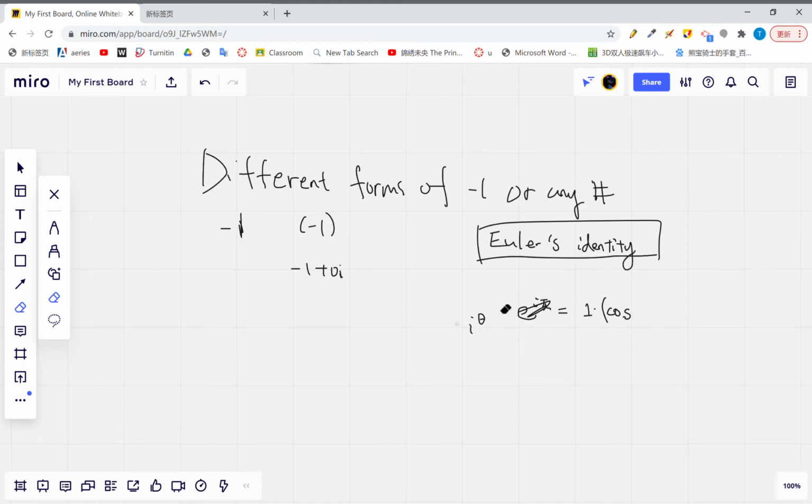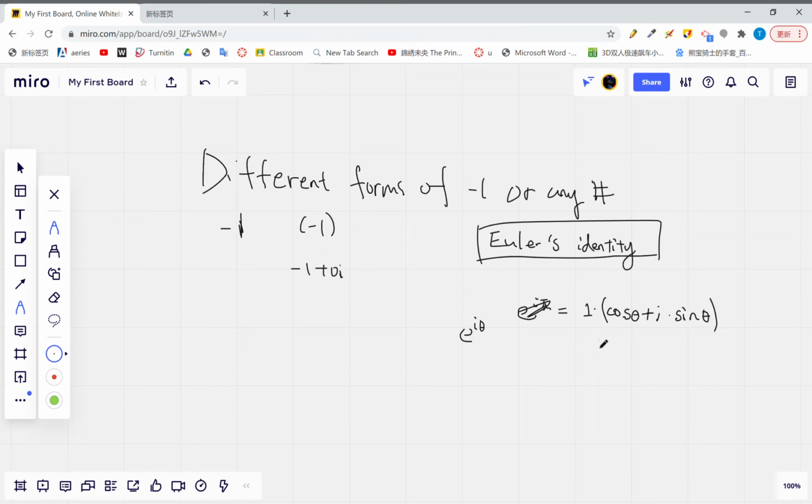So I made some mistake here. So this is e to the i theta is equal to 1 times cos theta plus i times sin theta.